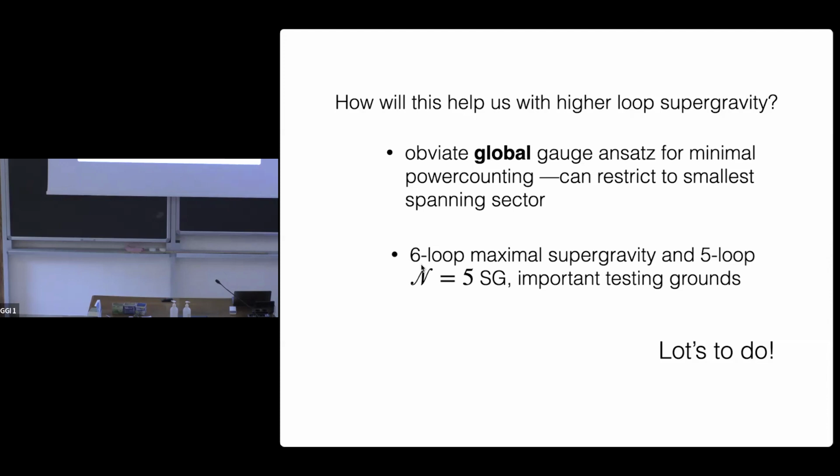But in general, you won't be able to cover everybody with planar. You will need extra data, and you'll need to get that extra data from somewhere. It is possible to get some of that extra data by considering higher loop planar, which is something we explored in our six-loop paper: recycling higher loop planar and dragging it down to lower loop non-planar.